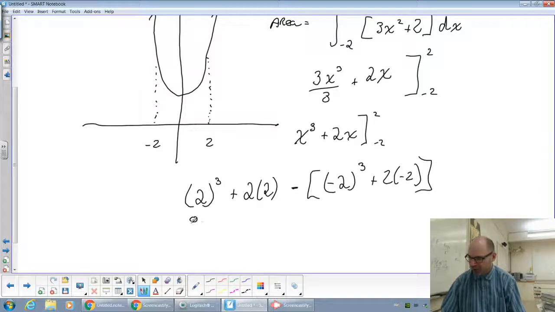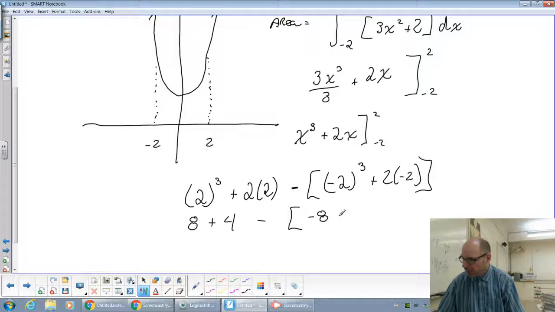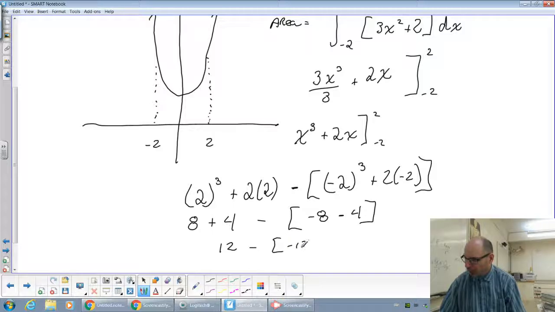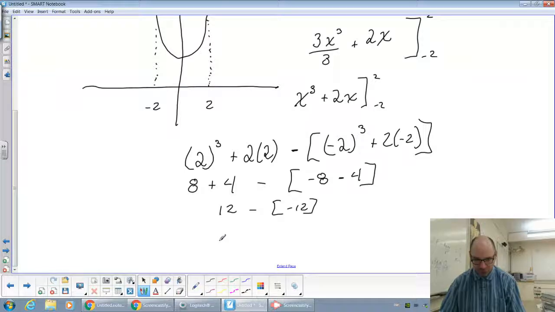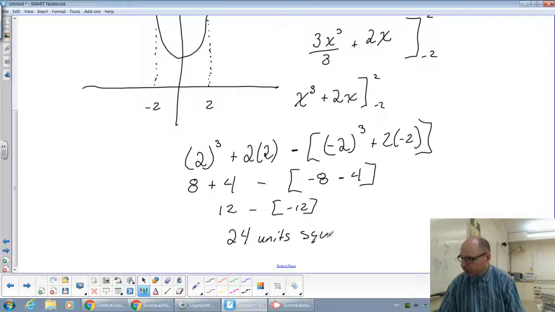Okay, so this is 8 plus 4 minus -8 minus 4. 12 minus -12, and we get an answer here of 24 units squared.